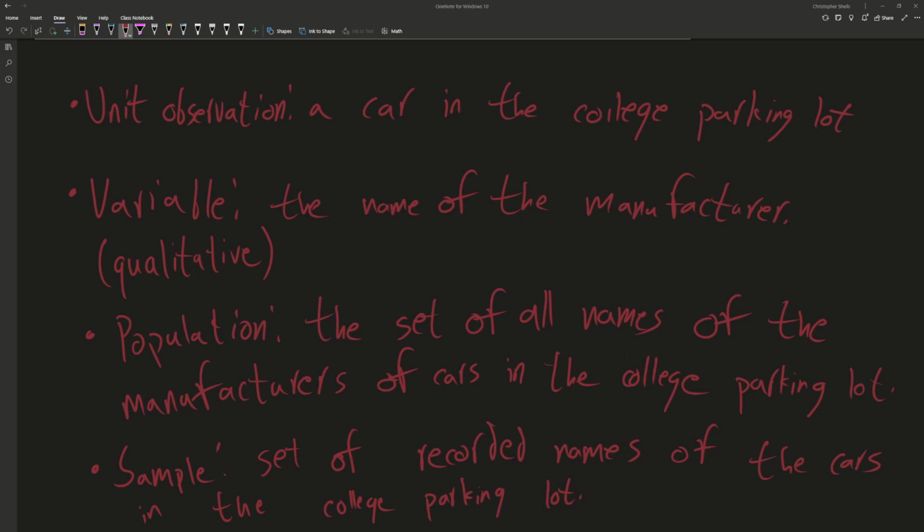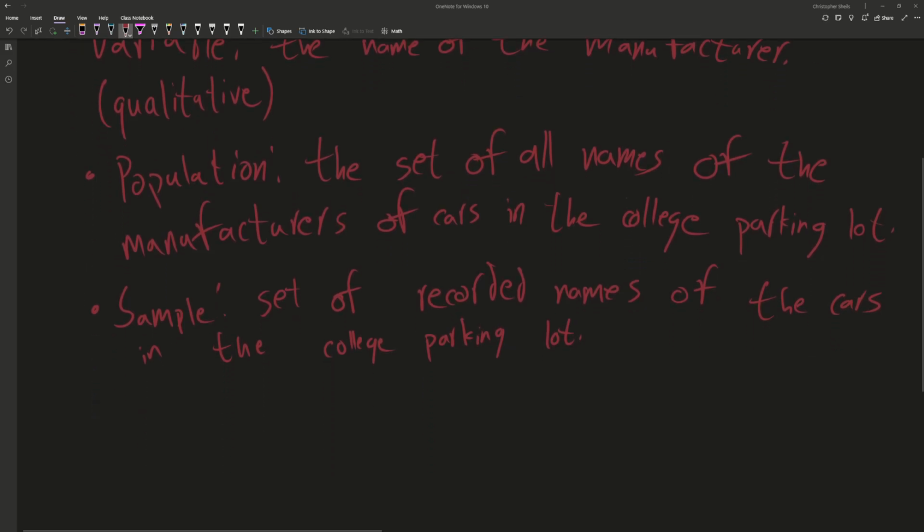Now, for our parameter, remember this is our quote-unquote true value, right? Our parameter is going to be the proportion of each car type calculated from the population.